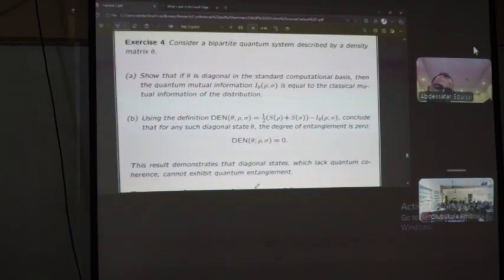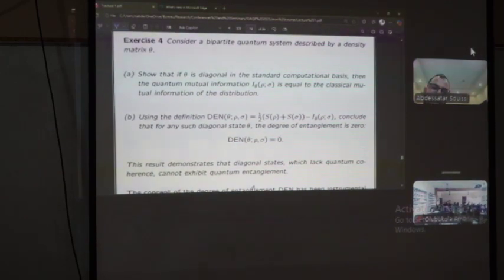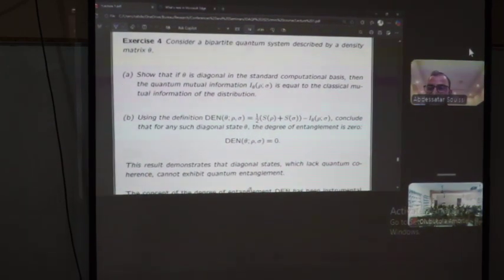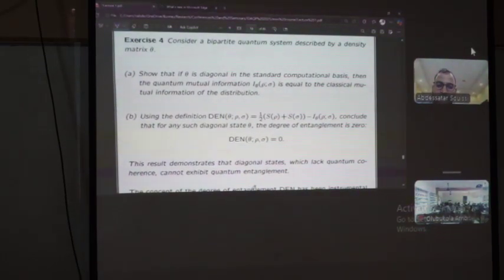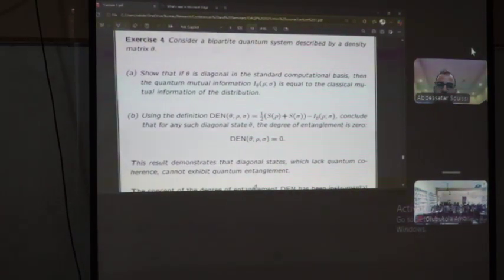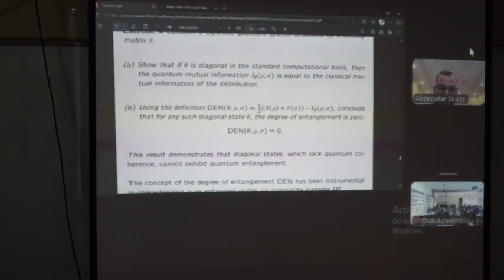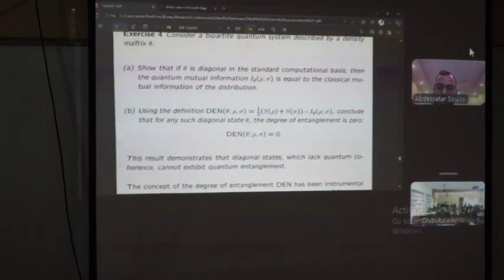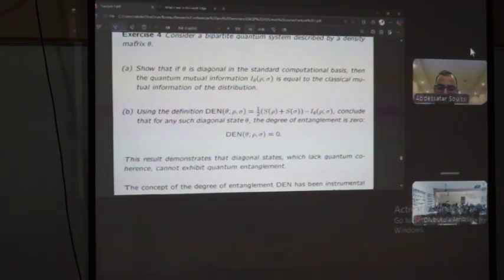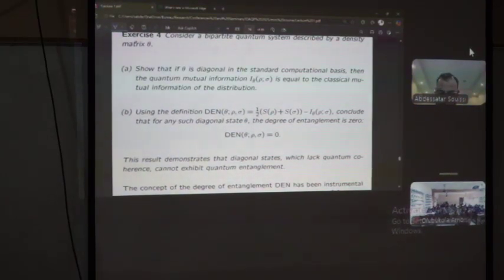This means that the degree of entanglement is purely quantum. Unlike the von Neumann entropy, because we have seen that when the density matrix is diagonal, it coincides with the Shannon entropy, which is a notion in classical probability. Here the degree of entanglement is purely quantum, simply because it vanishes when it's a diagonal or classical state.